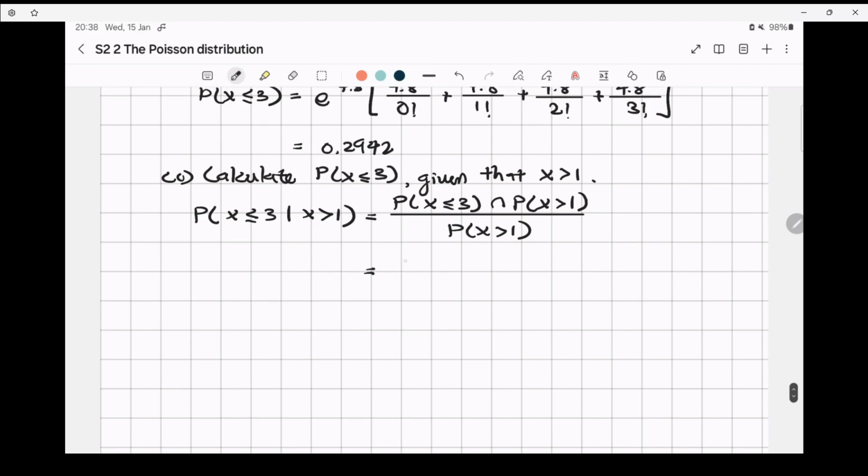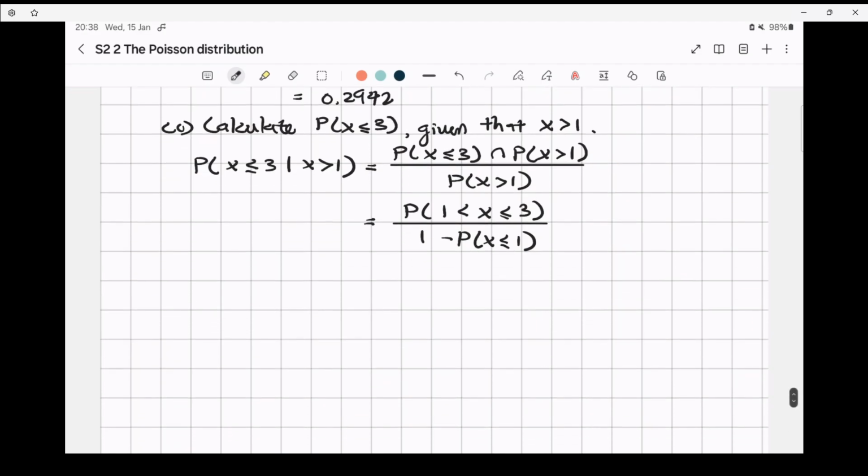So this is equivalent to X counting from 1, not including 1, to 3, and then 1 minus P(X smaller or equal to 1), because for the denominator you want to avoid 1 basically. So what is happening on top? On top you have e to the power of minus 4.8 times 4.8 squared over 2 factorial, because it starts from 2, and then 4.8 cubed divided by 3 factorial.